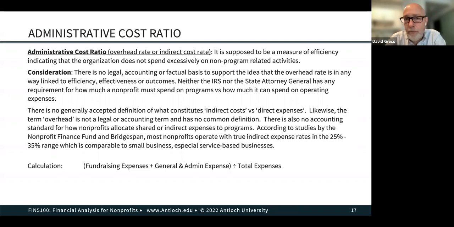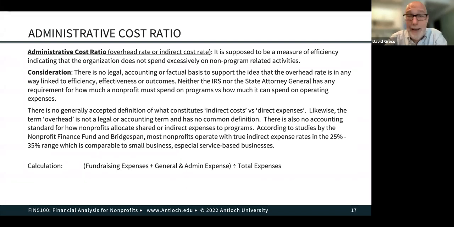Most nonprofits' true overhead rates are around 30%. All the research and studies that we've seen really put 25 to 35% as the true overhead rate. And that's kind of what the IRS recommendations say.